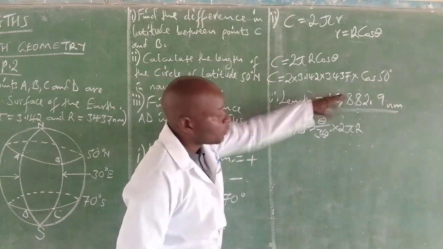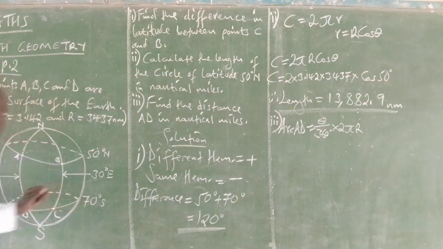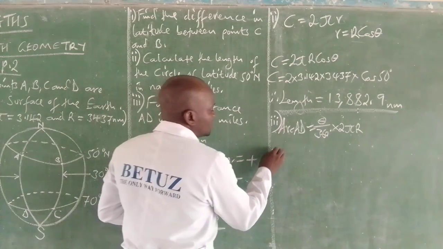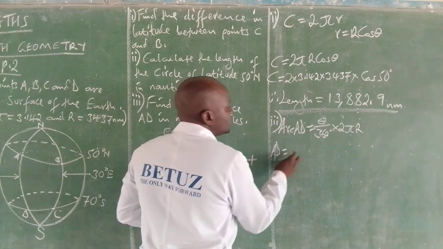The theta is the difference in latitudes between A and D, which is the same as the difference between B and C, which is 120.